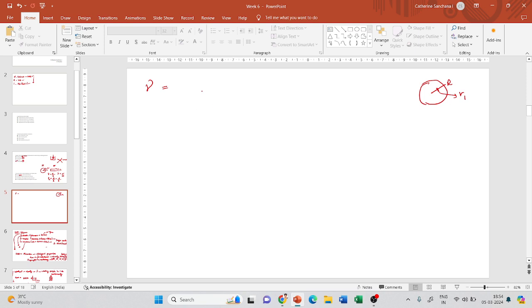Okay, so now at a strain at a radius of r1, it will be some d1 divided by h, because the deformation at this point is not the same as the deformation at radius r.